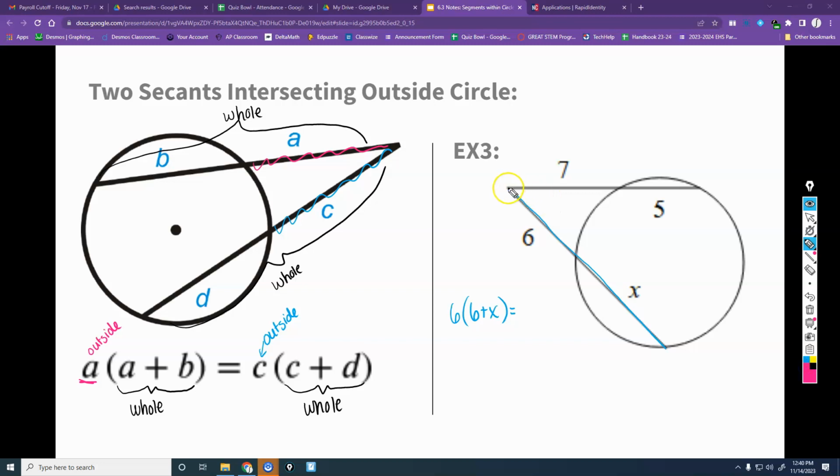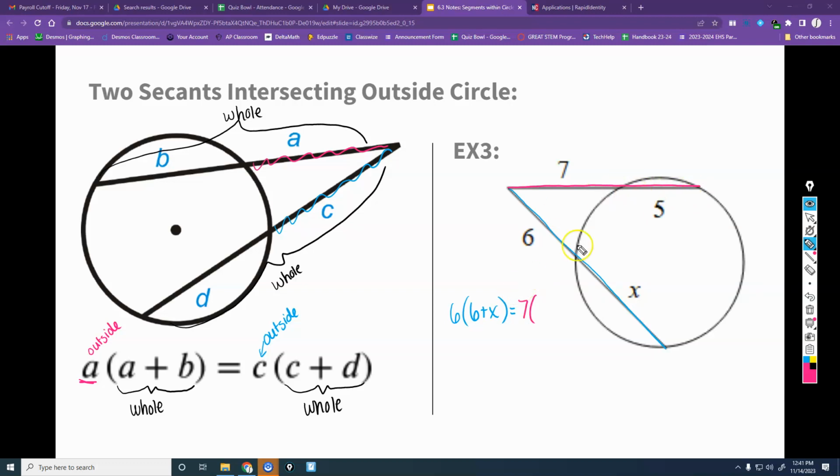Now I'm going to look over here at the pink line. Peyton, what's the outside of that pink line? 7. What's the whole pink line? 5. So what would the length of this whole thing be? 13. 15.